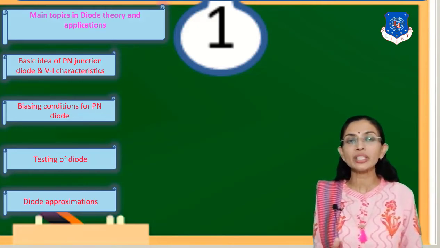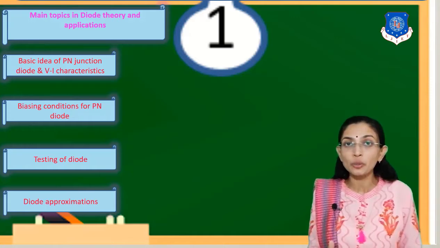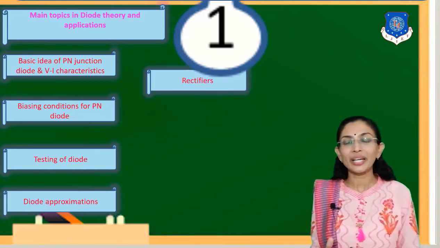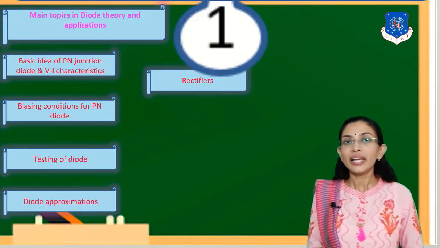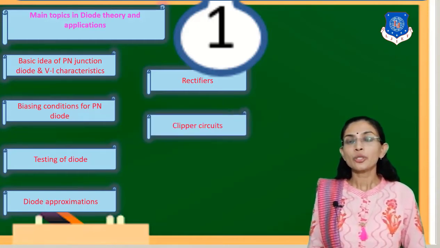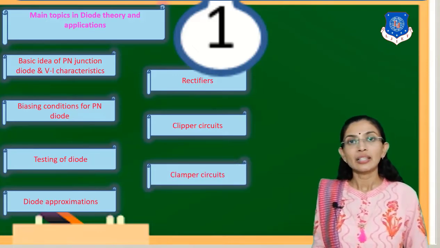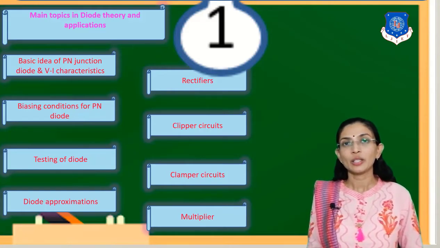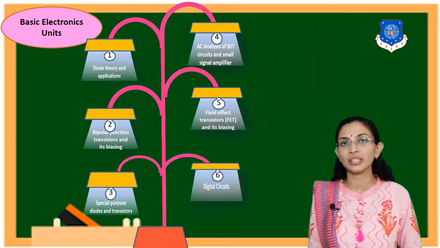According to that, we will consider our diode ideally as well as practically. Then we will study the different diode circuits: rectifiers, clipper circuits, clamper circuits and multiplier circuits. So these are the topics that we will cover in chapter number 1.